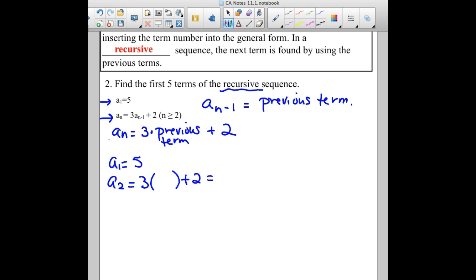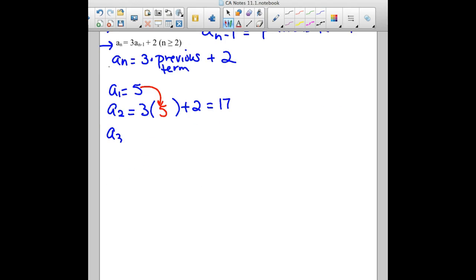All right, so we are going to dump this 5 in here, and 3 times 5 is 15 plus 2 gives us 17. Then to find the third term, a sub 3, it's 3 times the previous number plus 2. My previous number this time is a 17, so 3 times 17 plus 2 gives me 53.